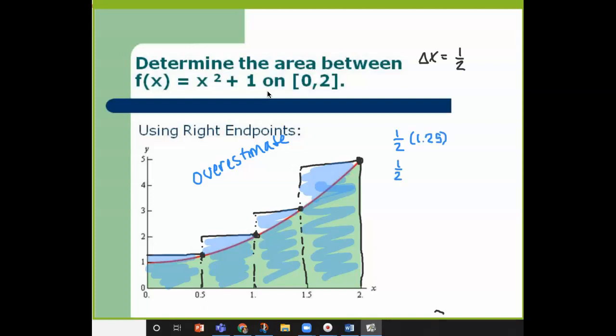You're going to take 1/2. You're going to plug in 1. 1 squared is 1. 1 plus 1 is 2. 1/2. Plug in 1.5, and you get 3.25. And plug in 2, and you get 5.